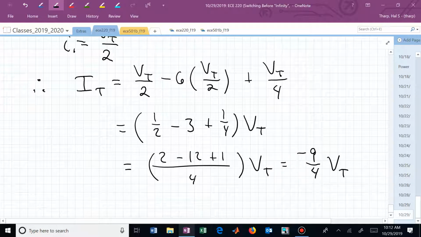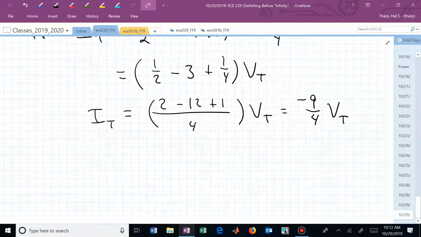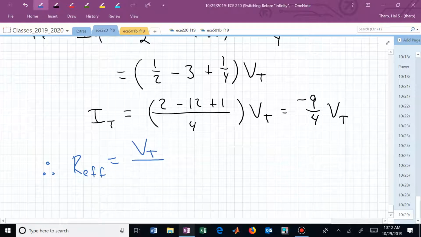Or I now have I sub t is minus 9 over 4 V sub t. I could plug in V sub t equal to 1, or I can just leave it alone. I know my R effective is now my applied voltage V sub t over the measured current out of that source, and I have that source current I sub t in terms of V sub t.